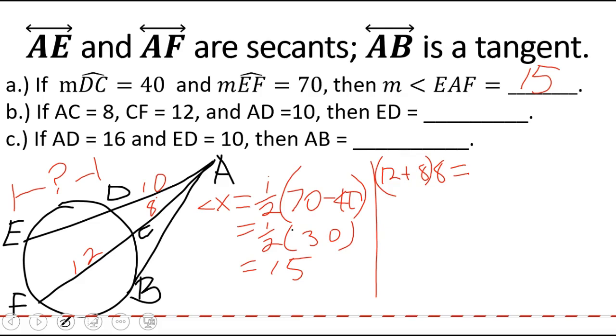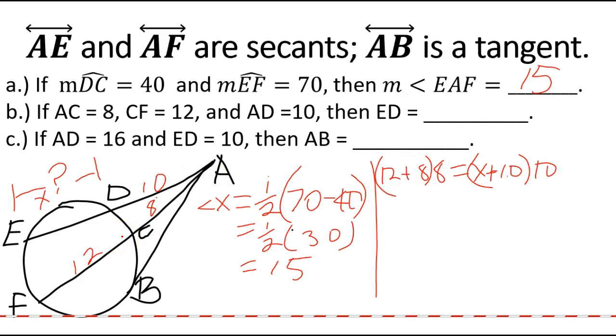We can label what we are looking for as x. So it's going to be x plus 10 and then times 10. Again, we take the whole segment and then we multiply it by the part of the segment outside the circle, equal to the other whole segment times its part outside the circle.